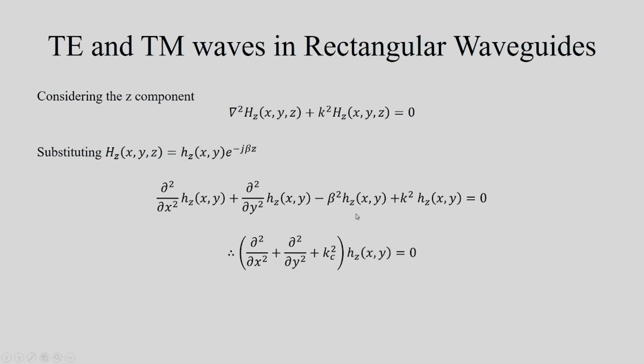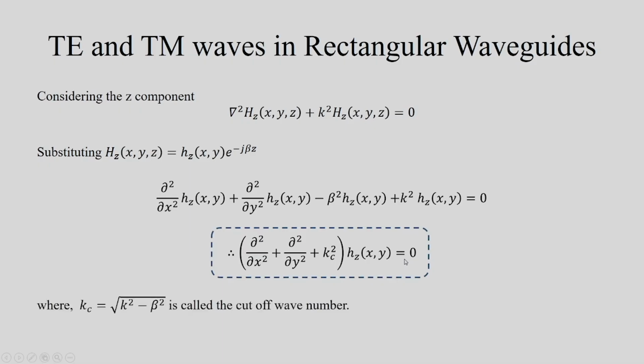Writing k square minus beta square equal to kc square, we can write (del square by del x square plus del square by del y square plus kc square) hz(x, y) equal to 0. Now, here kc, which is equal to root of k square minus beta square, is called the cutoff wave number.